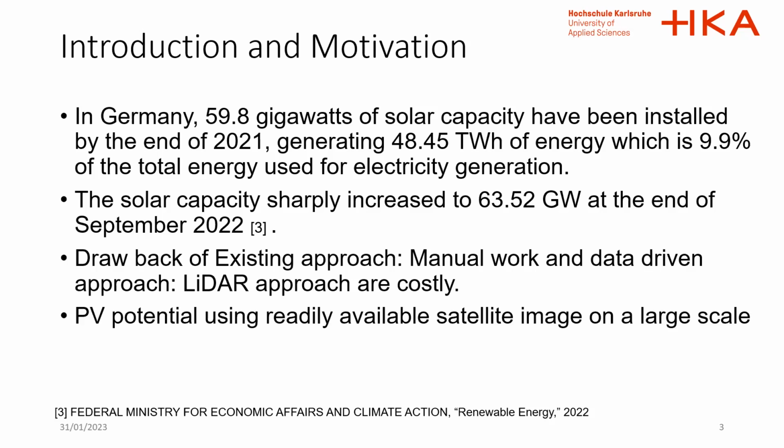So we are going to use satellite images on a large scale, which would be used to find the solar potential of every roof that is present in the area.